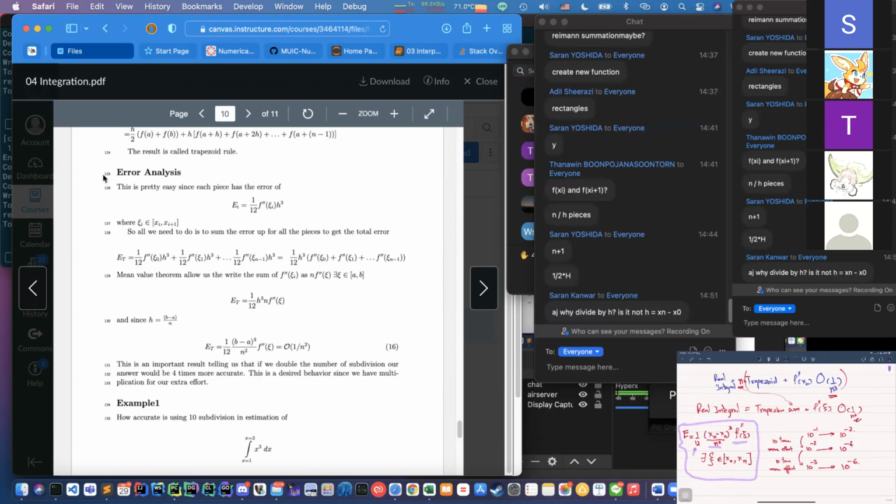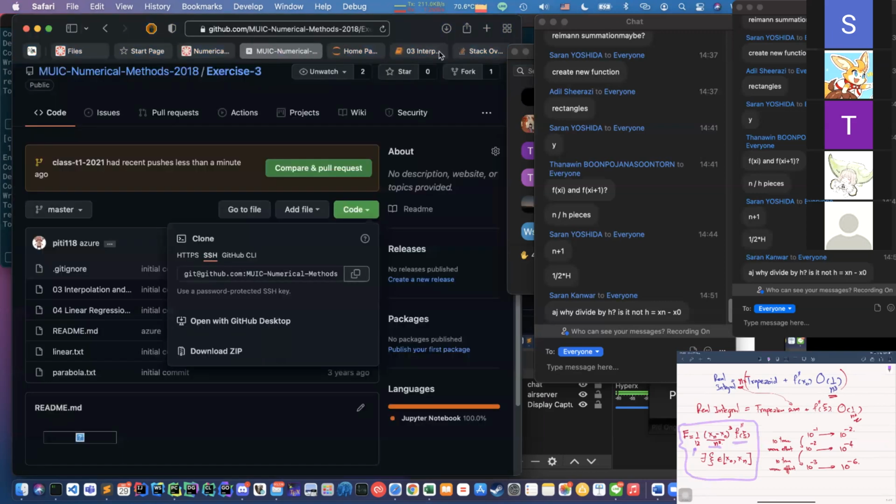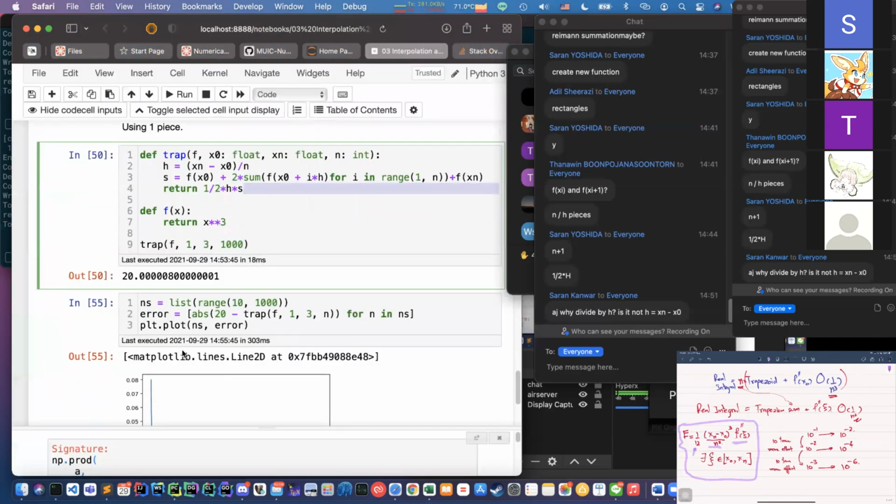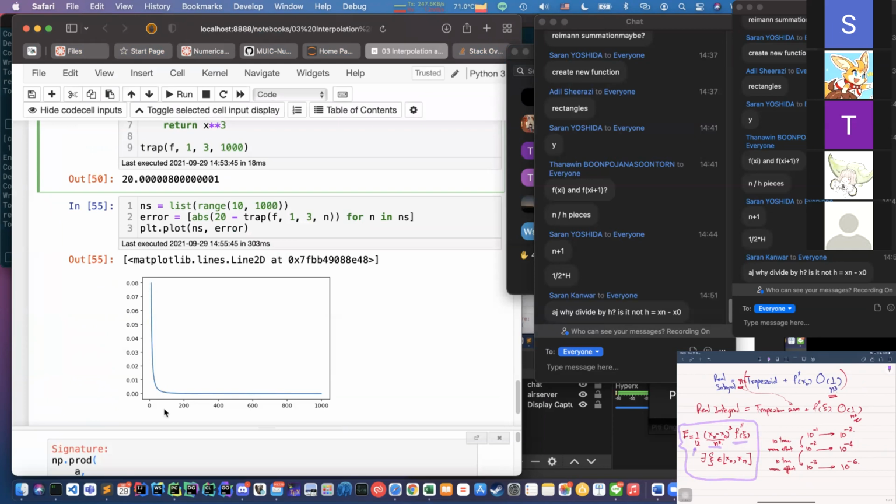What exactly do we expect? If you look at the graph that we got, this thing is actually 1 over n squared, and you can plot it right on top of each other. It's 1 over n squared, with some factor in front.